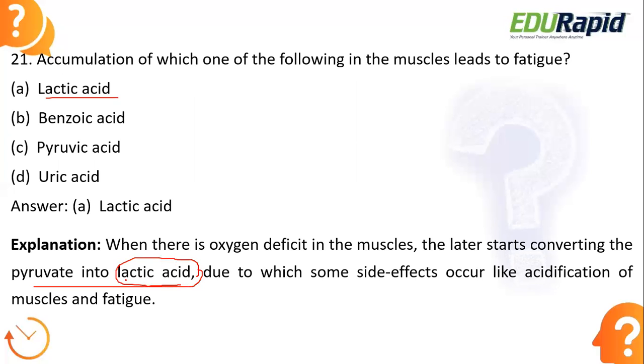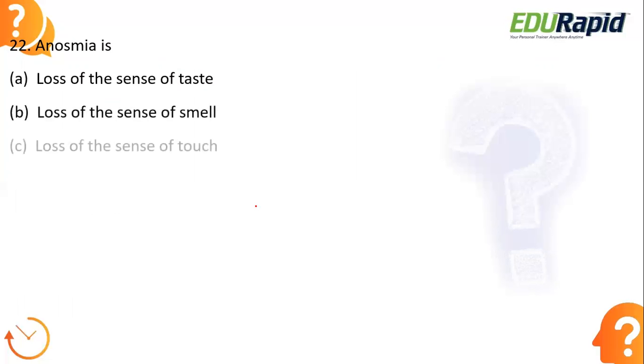The presence of this lactic acid can lead to fatigue, muscle cramps, or pain in the muscles for that short period, till the lactic acid is present in our muscles.